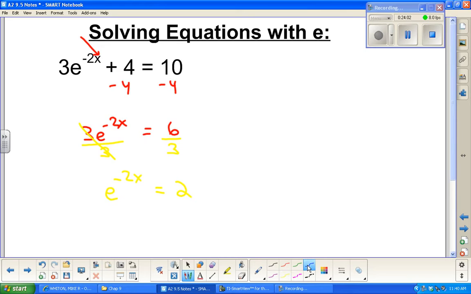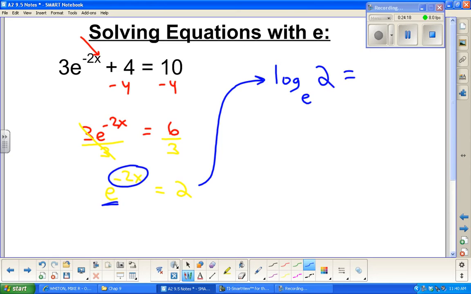Okay, so now the exponential is by itself, we're ready to change to log form. If we convert this into log form, the base is e here. We're taking the log of 2, and it's going to equal whatever the exponent is. So we got log base e of 2 equals negative 2x.